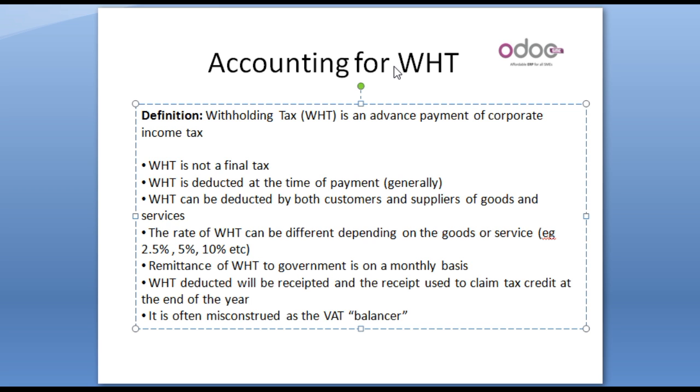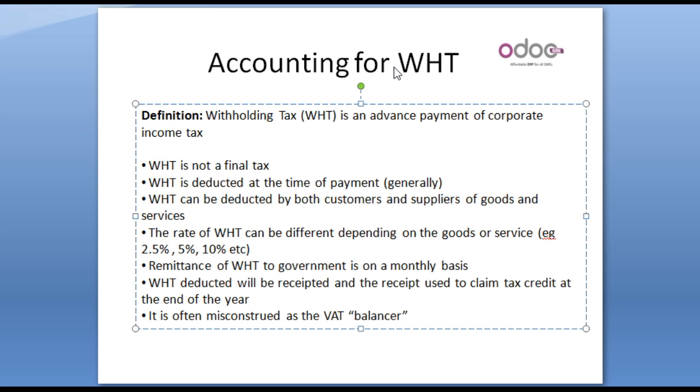The rate of withholding tax can be different depending on the goods or service rendered. So for some claims, it can be 2.5%, it can be 5%. I know, for example, that most goods and services are required to be charged at 5% withholding tax.